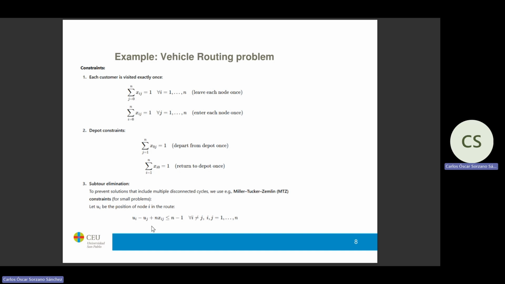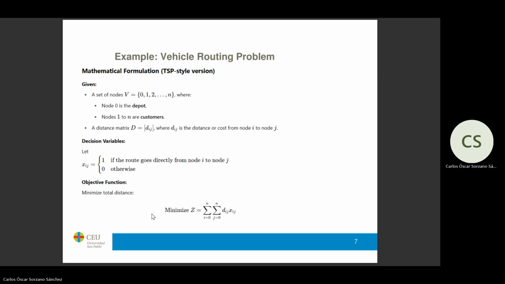The constraint is not obvious, but it prevents the creation of these cycles. And here again, the variable that we are optimizing can only take values 0 or 1. So either you go from i to j or you don't, but you cannot do it 0.1.